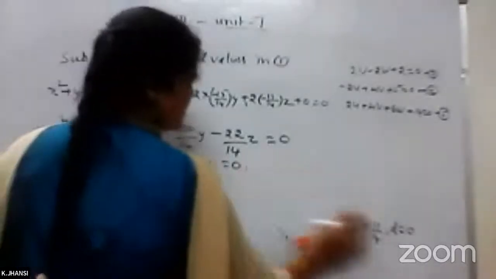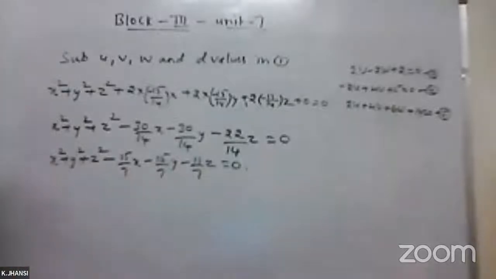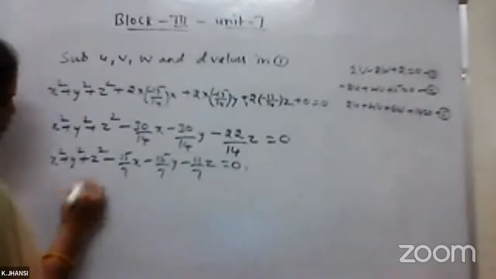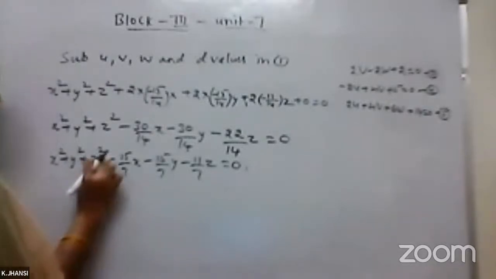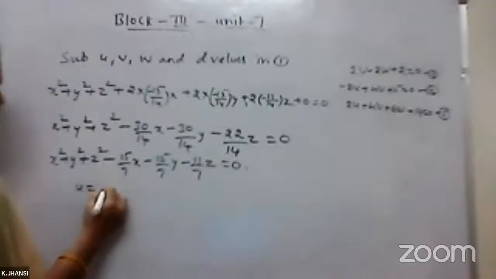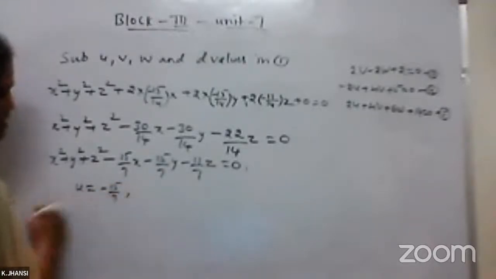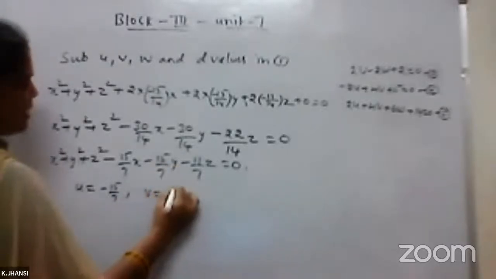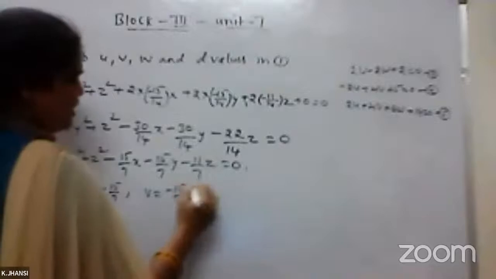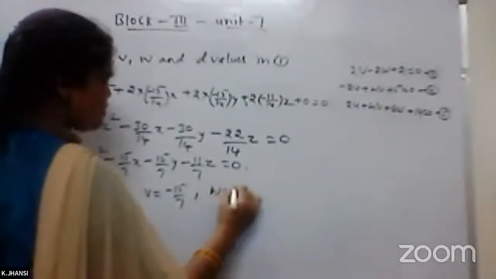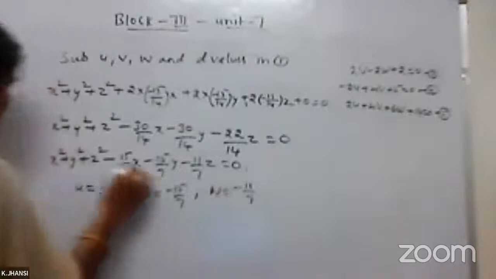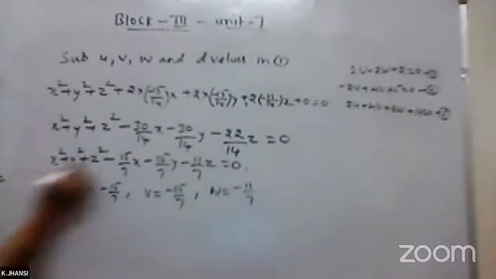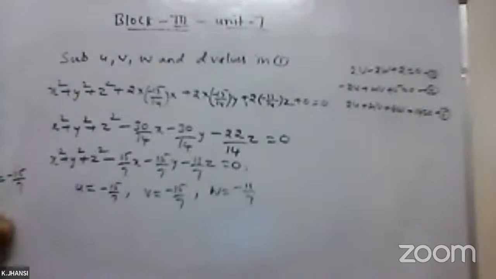Now find the center. For all values you got negative here. Actually our coefficient is 2u x, so you compare: 2u equals minus 15 by 7, so u equals minus 15 by 14.